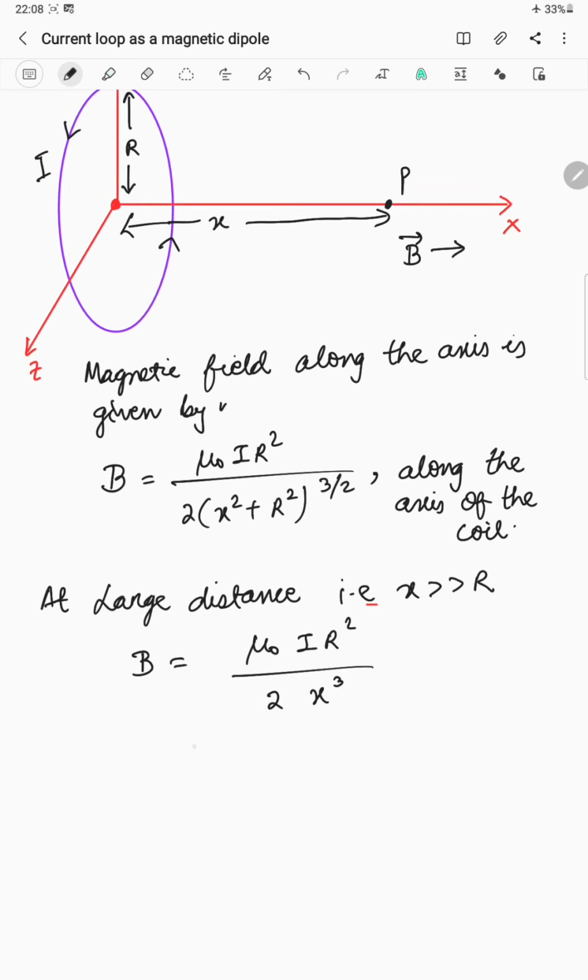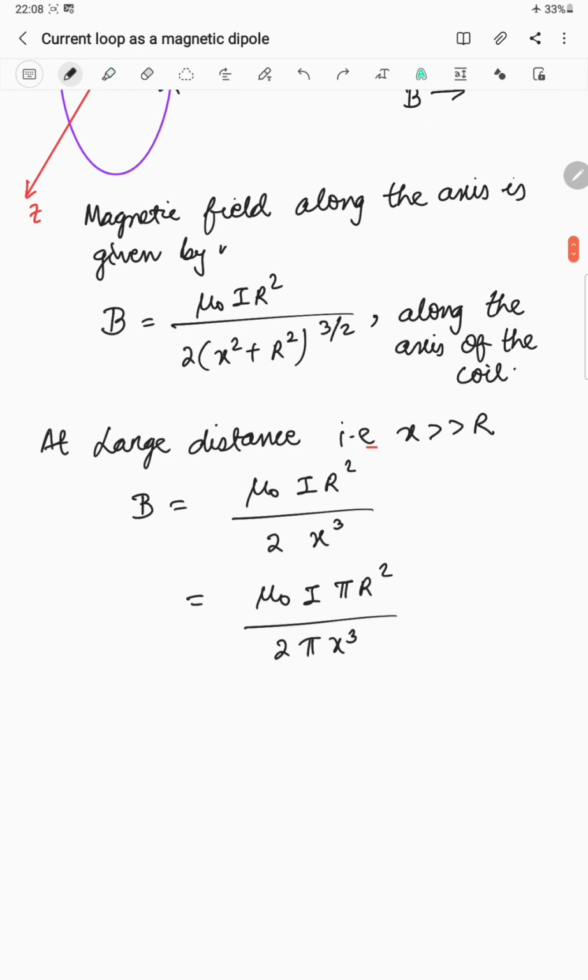Let me multiply pi on both numerator and denominator: pi r square divided by 2 pi x cube. I am doing it intentionally because pi r square is the area of the loop. So I can replace pi r square by a.